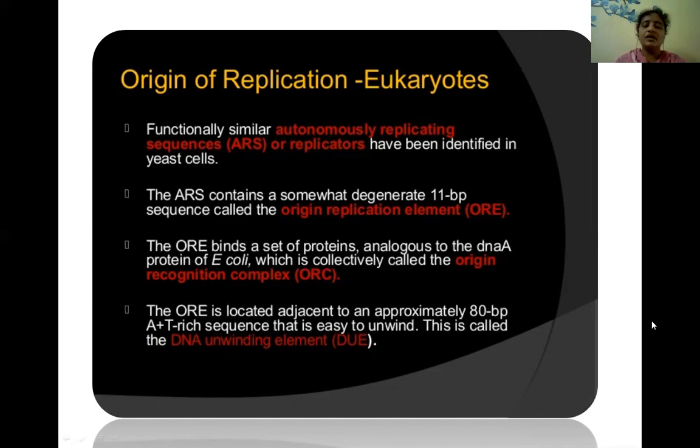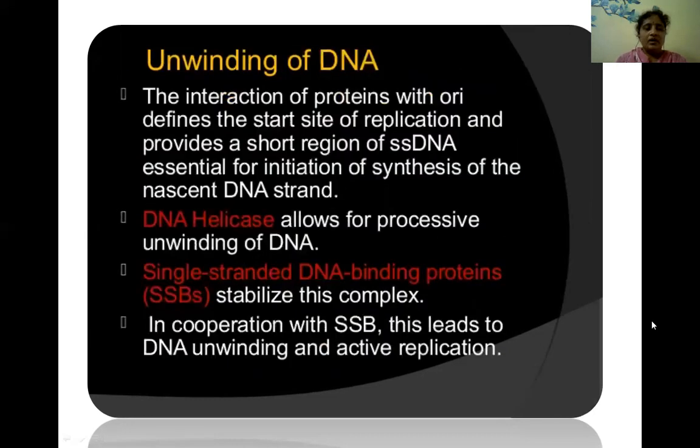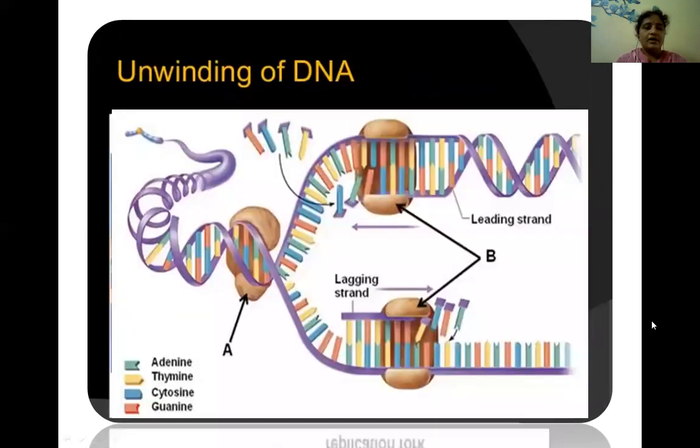The origin recognition complex is located adjacent to an approximately 80 base pair AT rich sequence that is easy to unwind. This is called the DNA unwinding element. The unwinding of DNA: helicase begins the unwinding of DNA using the energy obtained from ATP hydrolysis.